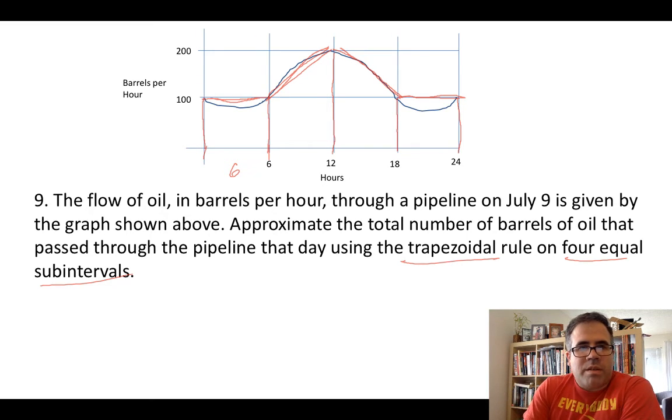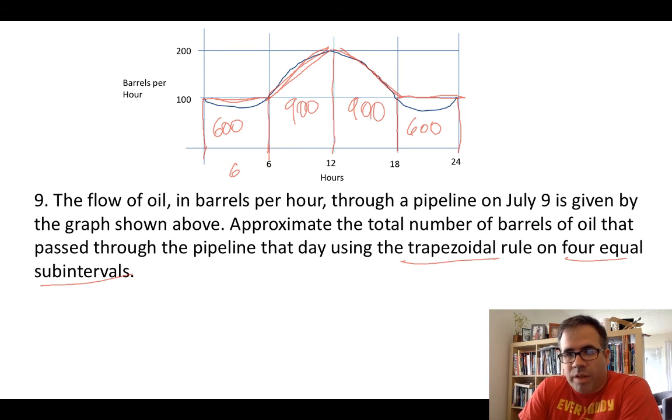So this rectangle and this rectangle have an area of 6 times 100, so 600 barrels. And this trapezoid and this trapezoid each have 150 times 6, 900. So these both have an area of 900 barrels.